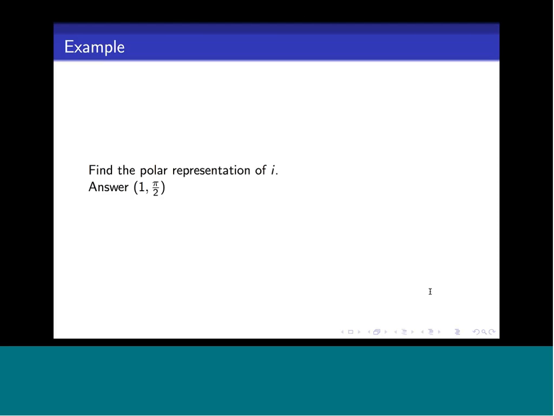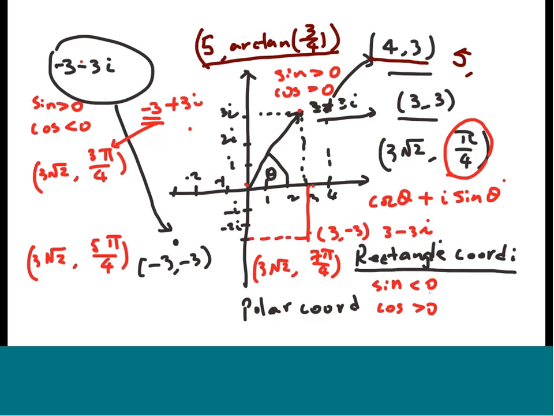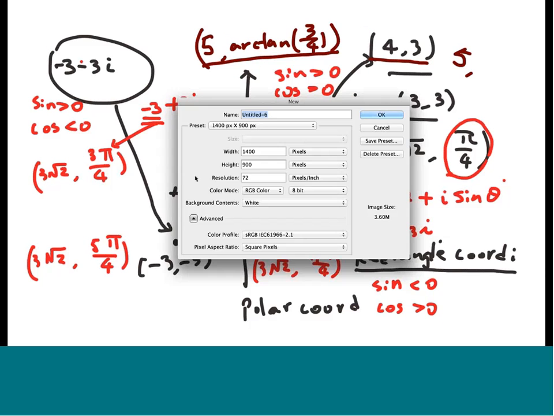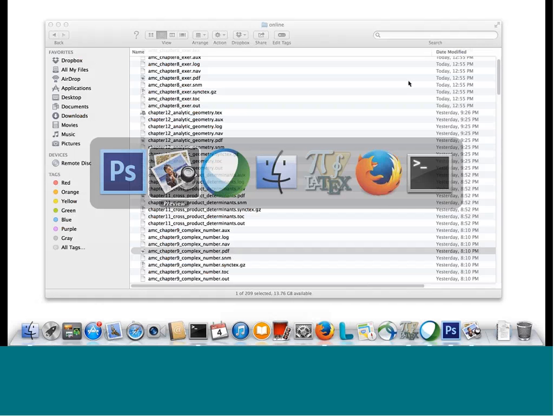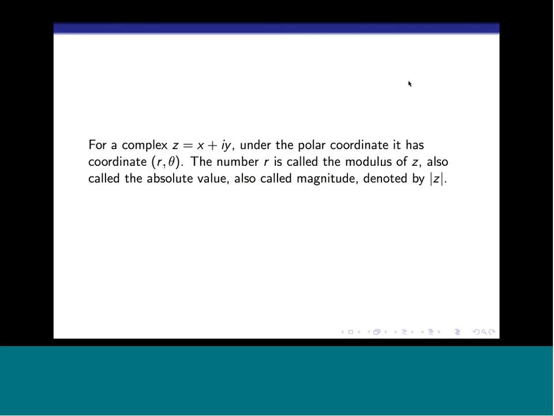Yeah, I think that's okay too. Usually we say positive theta, but negative also makes sense. So 1 and minus pi over 2 also works, but usually we don't say that. That's just the way it is.